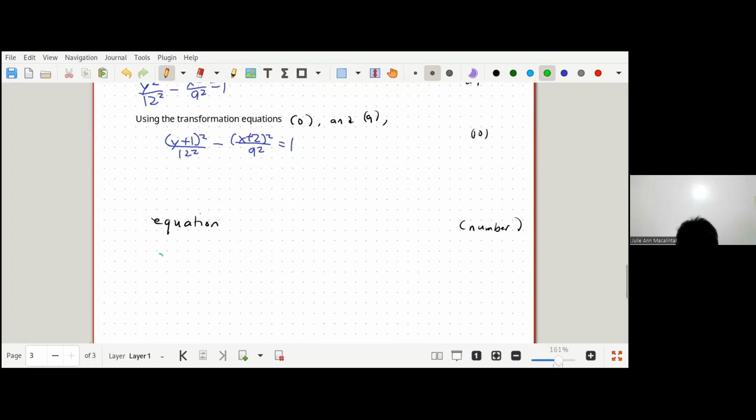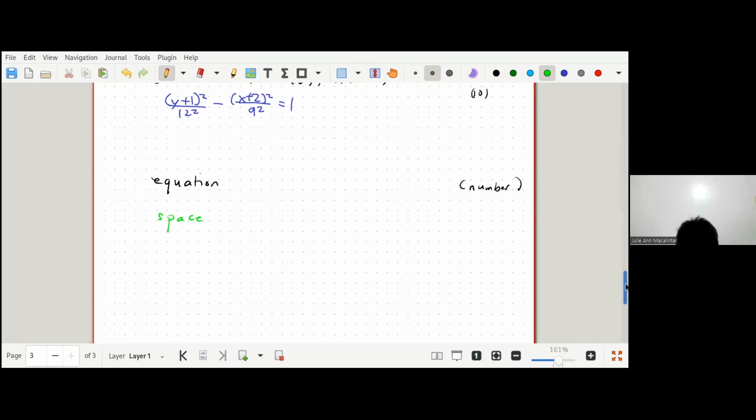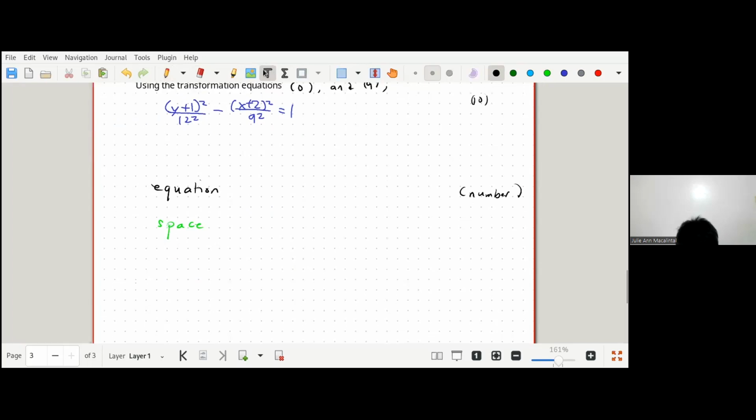Maglagay ka ng space na ganito, not this large, and then write down an equation again. The space is there para pwede mo i-annotate or pwede mo lagyan ng text and then equation number ulit.